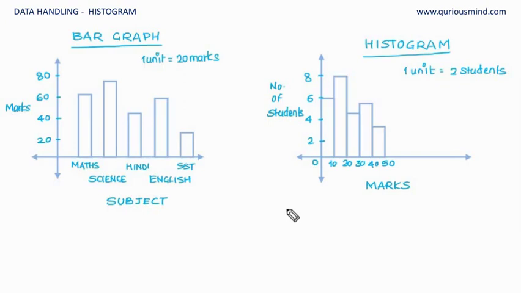Now, if you see, there are a few differences which can be easily and immediately seen. So let's talk about the differences. If you see here, the bars are spaced, whereas here there is no gap between bars.